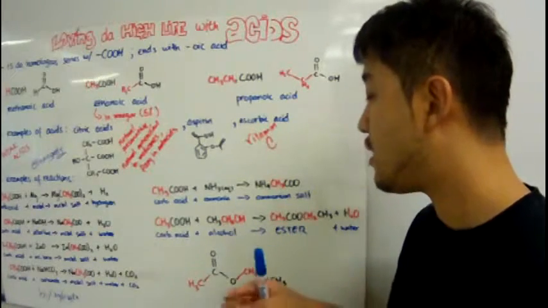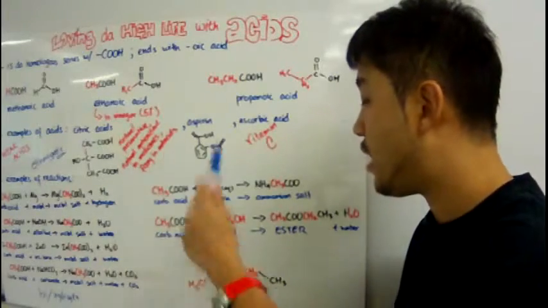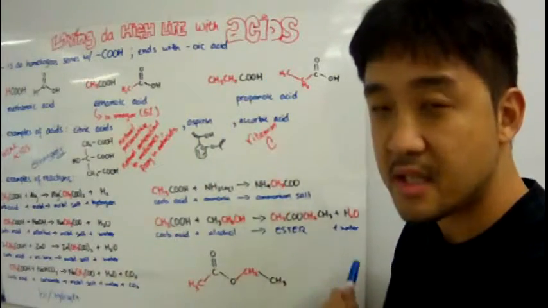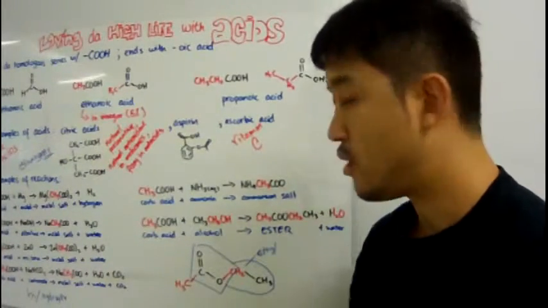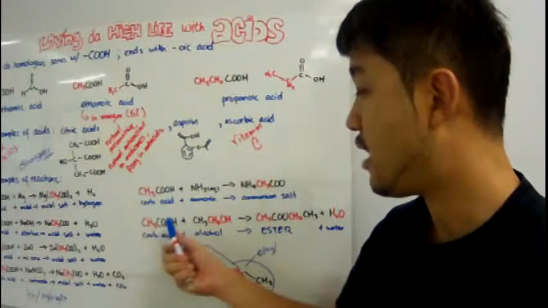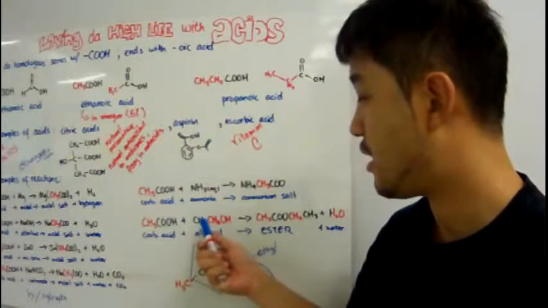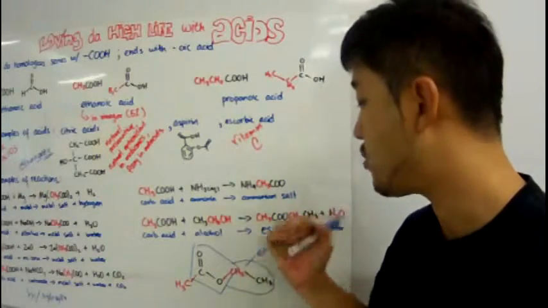Alright, and finally, the last reaction example is carboxylic acid with an alcohol to make a sweet scenting ester and water. So what we make here is ethanoic acid with ethanol, and we make the sweet scenting ester with water.